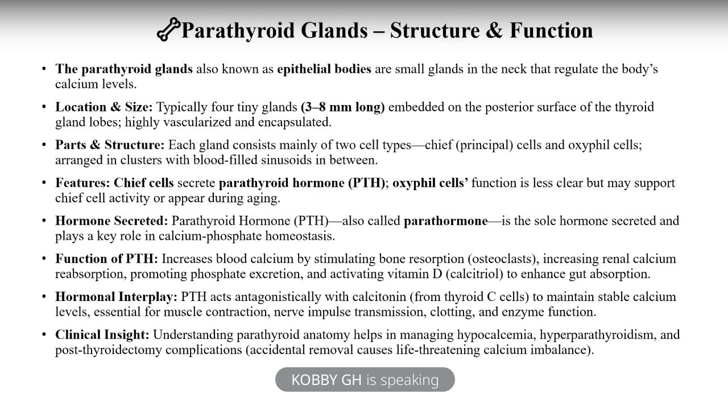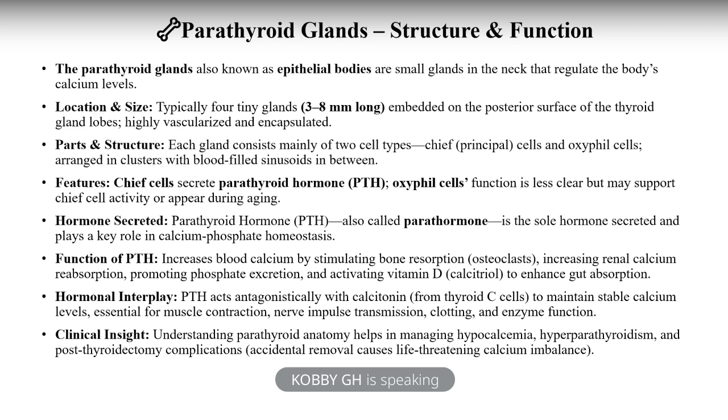The chief cell is the one that actually produces the parathyroid hormone. The other cell, the ossicle, helps the chief cells to produce it. What is the work of the parathyroid hormone? It increases your blood calcium level. Is that okay?